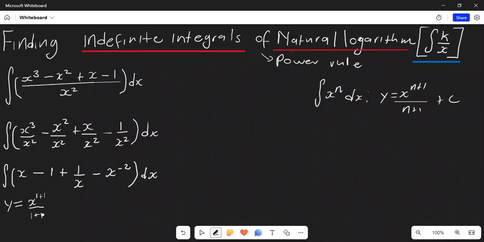So we have minus. Now this minus here, it's minus 1, a constant, guys. Remember, when we integrate a constant, we multiply by the variable that we integrate with respect to. The one that we integrate with respect to is x.